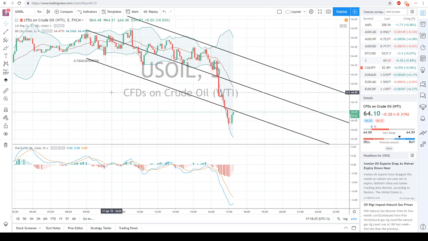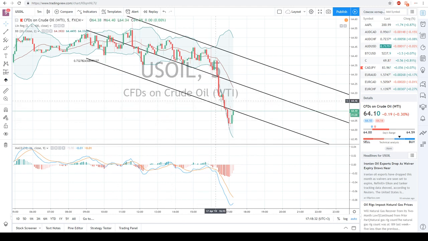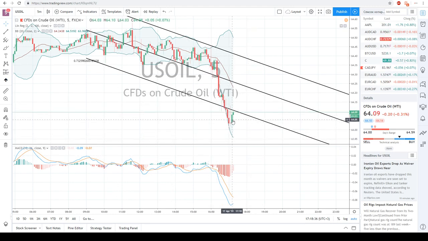Here we see that the price has changed, and as we see on the chart, it was already breaking the linear regression indicator and it's trying to go back. Right now it's a pretty good situation on the market. The price is going away for the rest of the day.